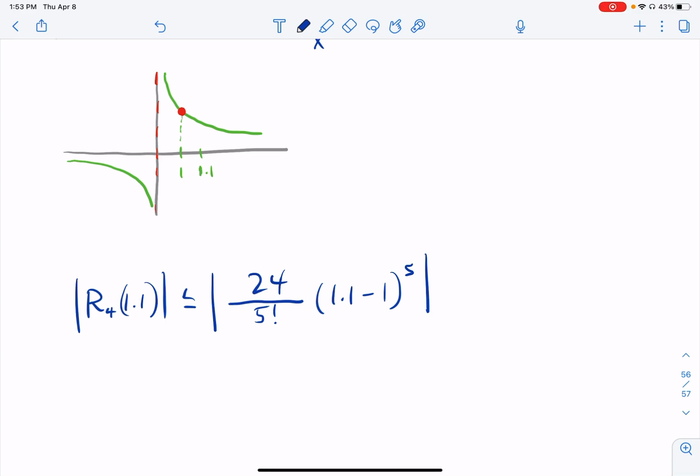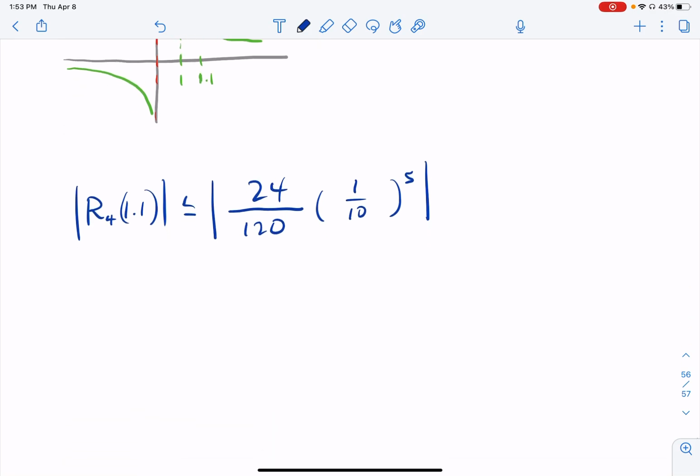I'm going to take out 5 factorial. You guys remember what that is, right? So it's like 24 times 5, which is 120 there. And then when I subtract these, I just get 0.1. But I'm going to write that as 1/10 like this, right?